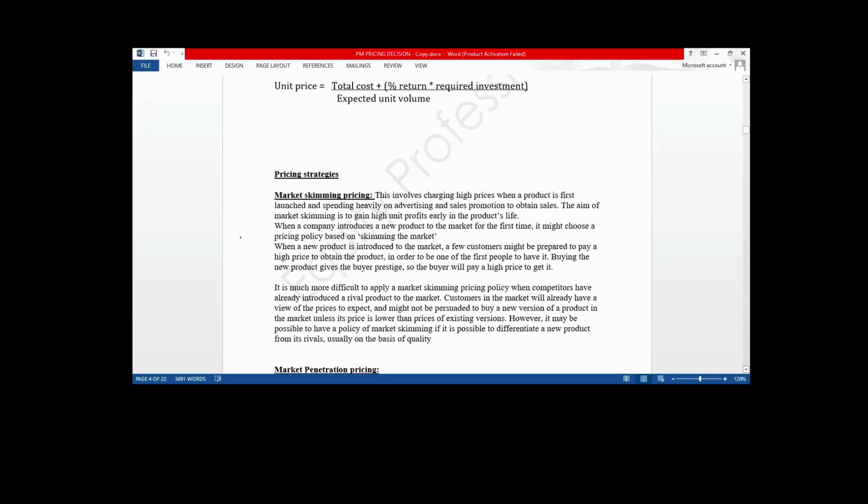The first one is market skimming pricing strategy.